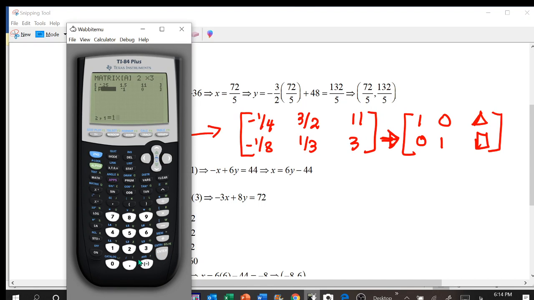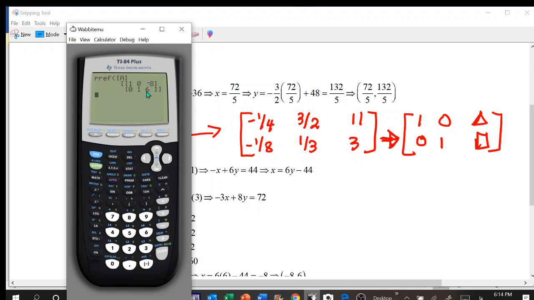And that's negative 1/8, 1/8, and 1/3, and then 3. So that's that matrix. So I'm going to get out and go to matrix and math, find that RREF, not REF, RREF, and then put matrix A after it, then press enter.